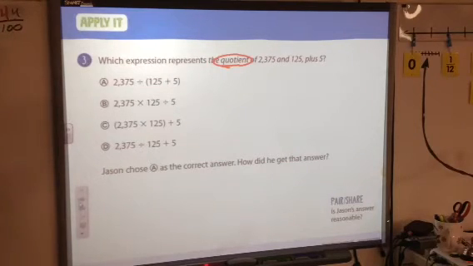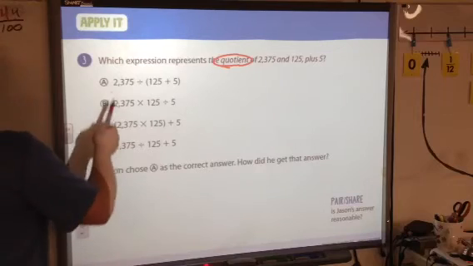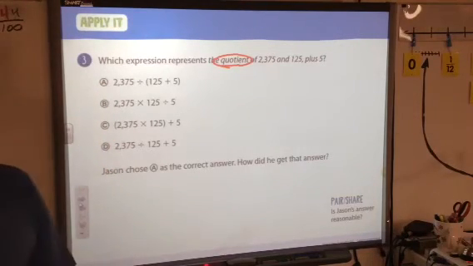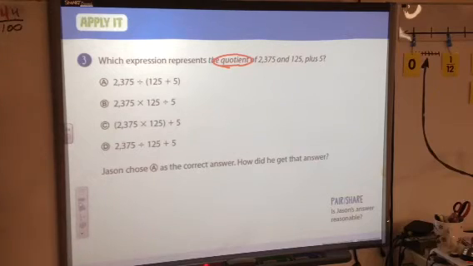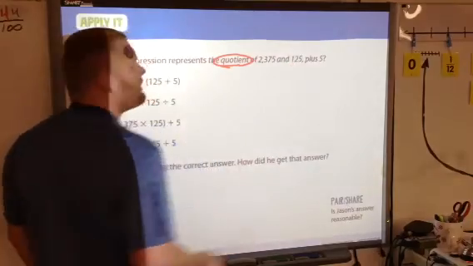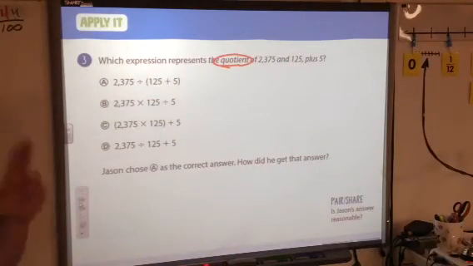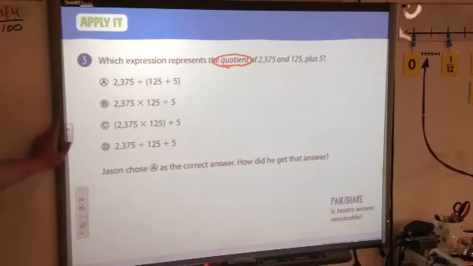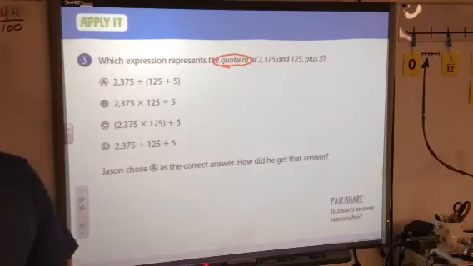But if I look at all of A, B, C, and D, I don't see parentheses around 2,375 and 125 and a division sign between them, right? But there is still a correct answer here. Okay? When we think of order of operations, what do we do first?